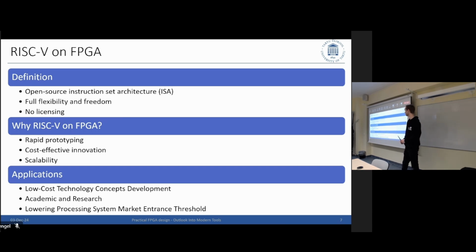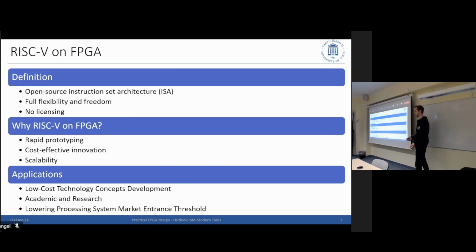It is mostly, however, used so far in a few devices I've heard of, and I know of one device which uses RISC-V actually in the space domain. What RISC-V allows you is rapid prototyping, but most importantly, cost-effective innovation. Because it doesn't cost me any licensing, I don't need to have any contract.